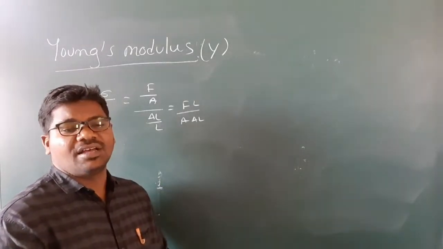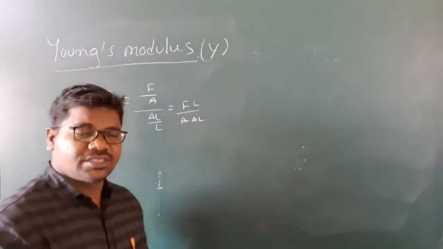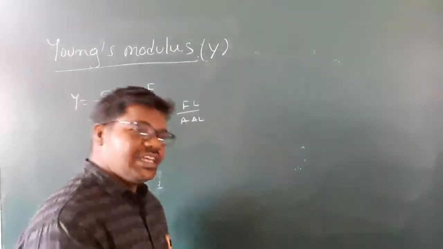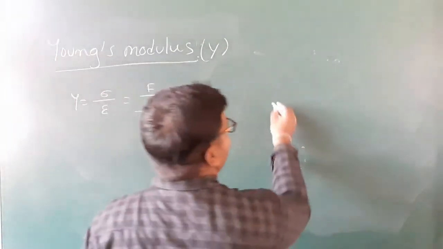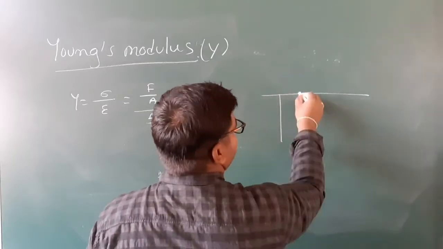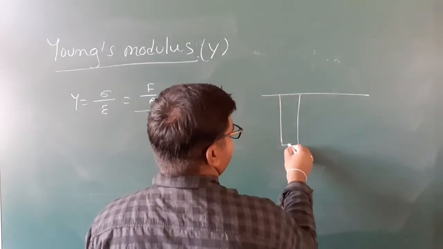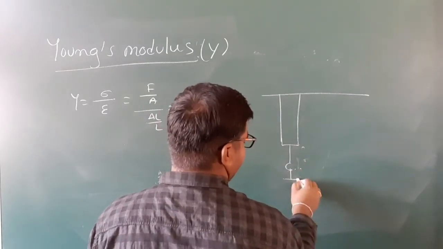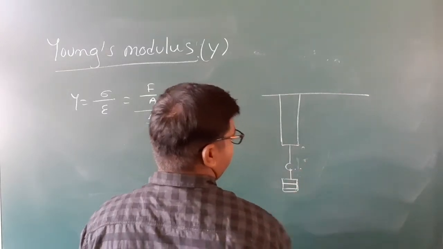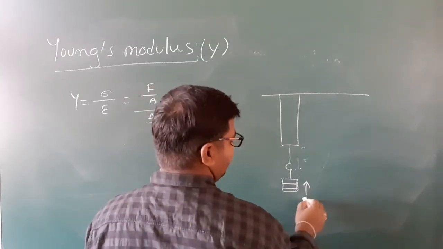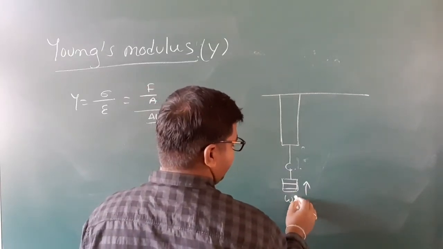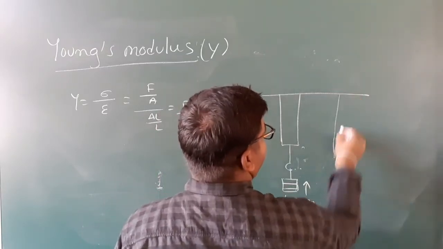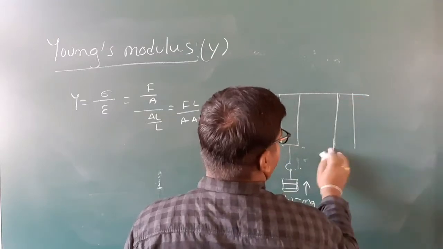So based on this, how can we find the Young's modulus of any material? Consider two wires. We are applying force, which means some weight is acting on the material. If mass, W is equal to mg, increases, what happens after some time?